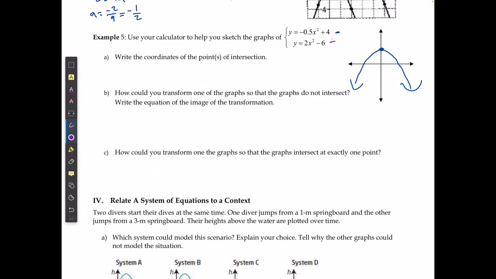And my second equation is going to look something like this. When I solve for the points where they intersect, they are at negative 2 and 2 and positive 2 and 2.